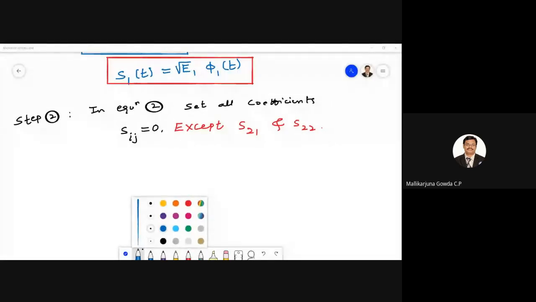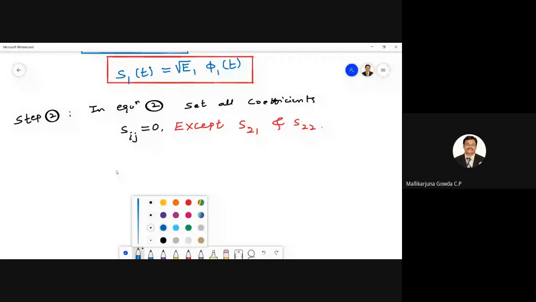Not responding. Yes, sir. Can you tell me the expression, by setting Sij equal to 0 except S21 and S22 in equation 2? You know what equation 2 is, the expression for S2 of t. Except S21 and S22, the rest of the coefficients are set to 0.